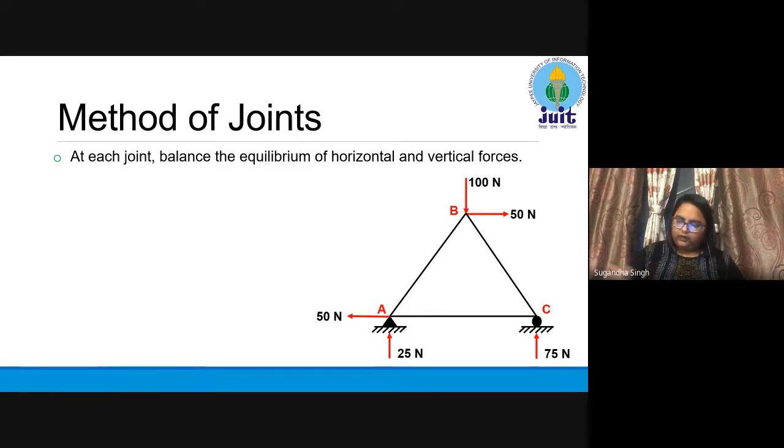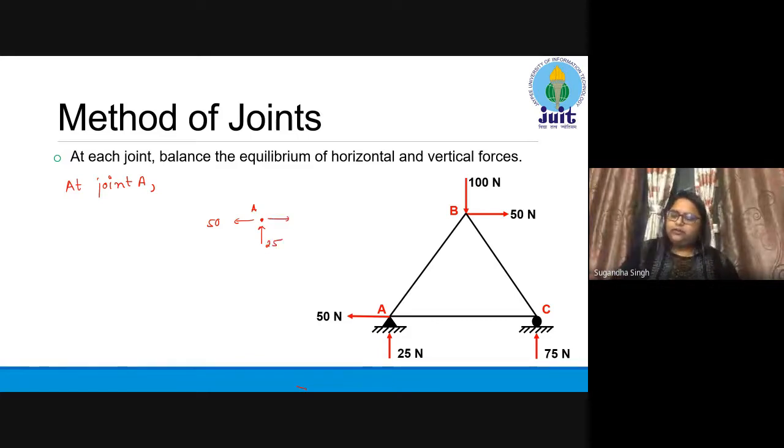So let's start with joint A. So first what we do here is to make the force diagram at joint A. In this direction we have 50 Newton reactive force, 25 Newton reactive force.